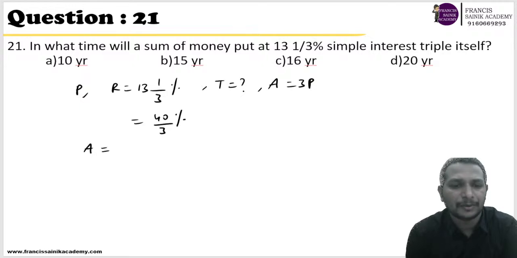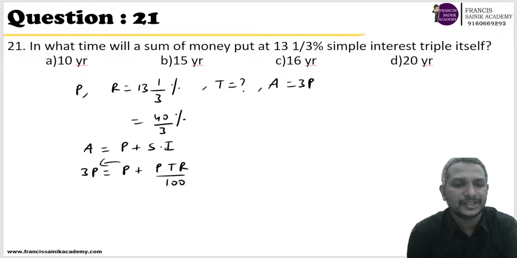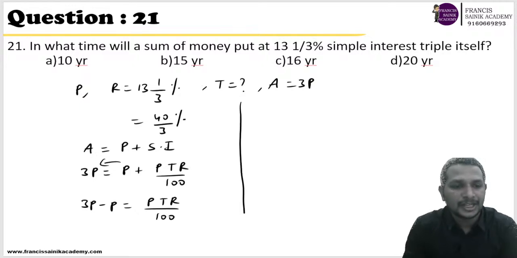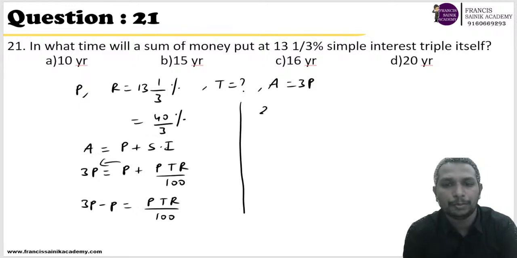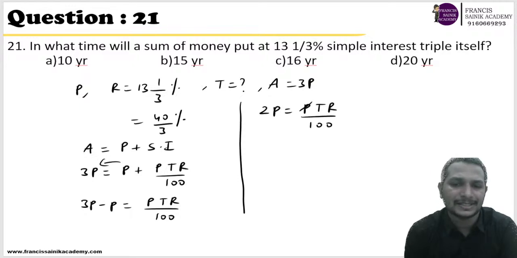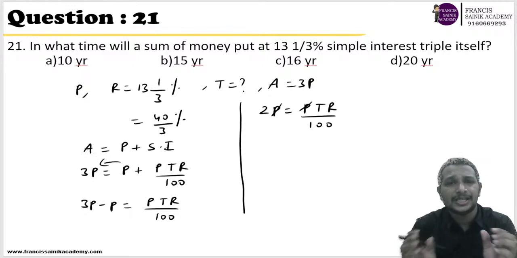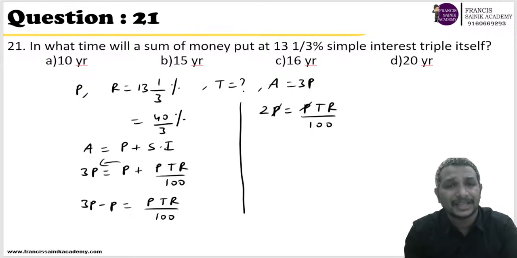As the formula for amount is principal plus simple interest, amount they gave as 3P equals P plus PTR by 100. Shift this P to the other side, which means 3P minus P equals PTR by 100, which means 3P minus P becomes 2P equals PTR by 100. We can cancel P as both sides have it, and that too in the numerator.